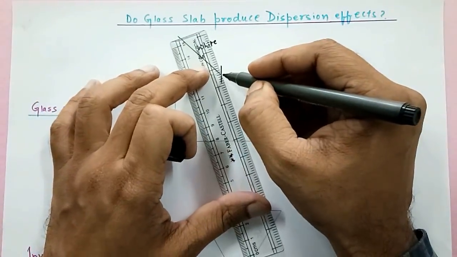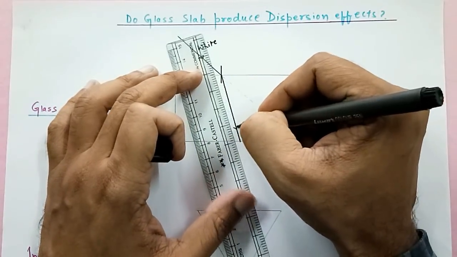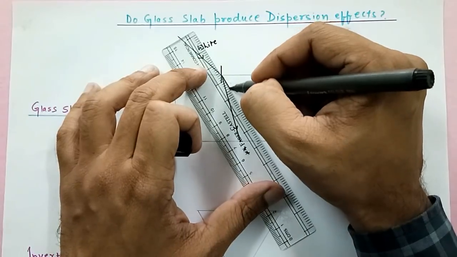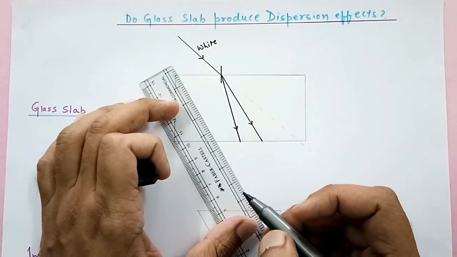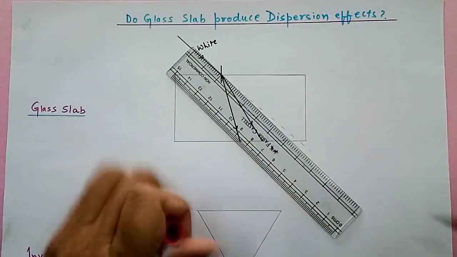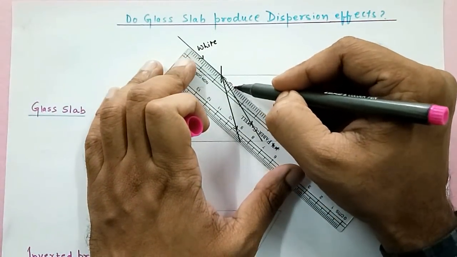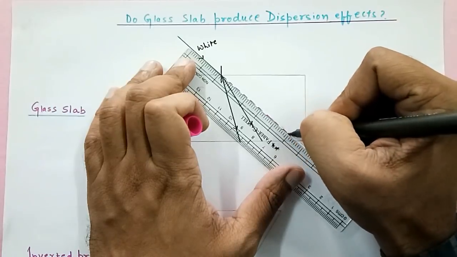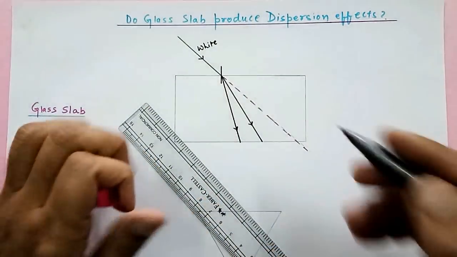Obviously the light should split up into 7 different colors, but I am only considering two rays over here. This dotted line is the expected path, which means that if the slab would not have been there, this ray of light should have gone straight.